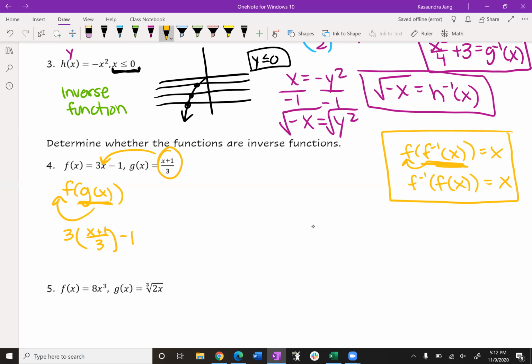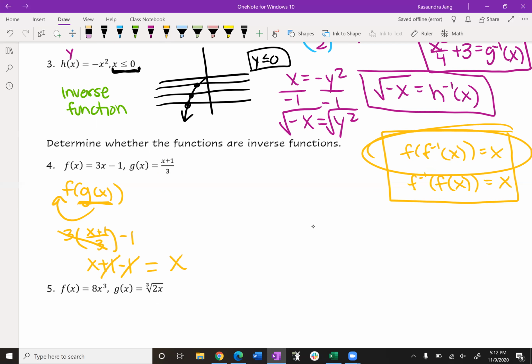All right, so I'm going to simplify this down, and if it is an inverse, it'll end up equaling just a straight up x. So 3 divided by 3, those divide out. I'm down to x plus 1 minus 1. And then plus 1 and minus 1 add up to 0. So I am down to a straight up x. Awesome. So halfway through, this one, check. This one's good.